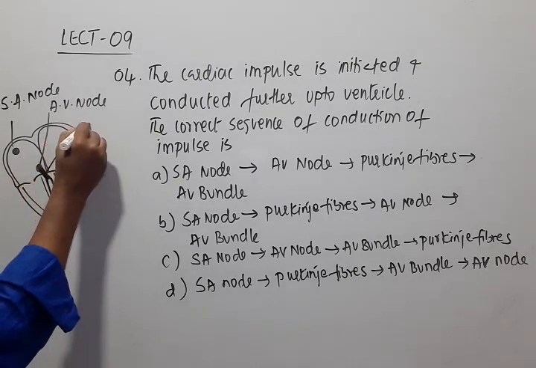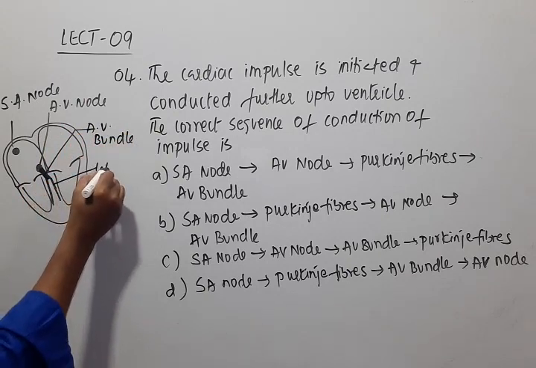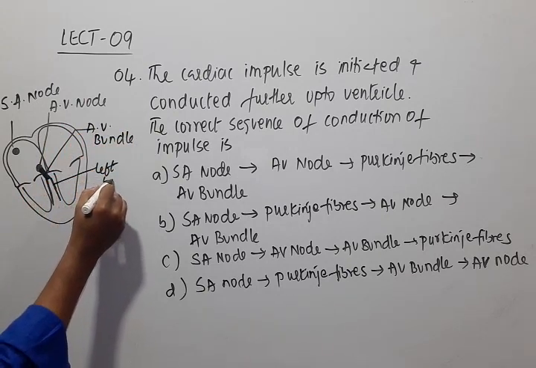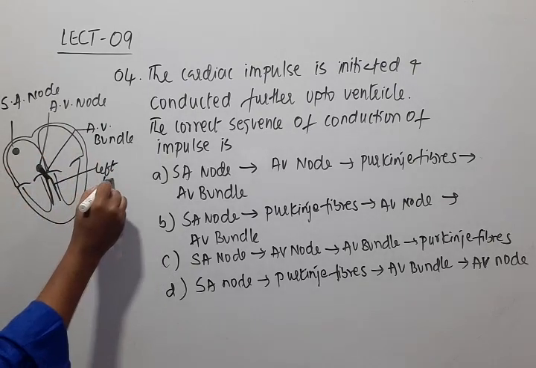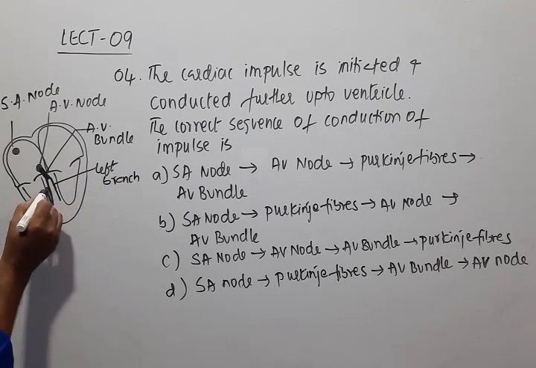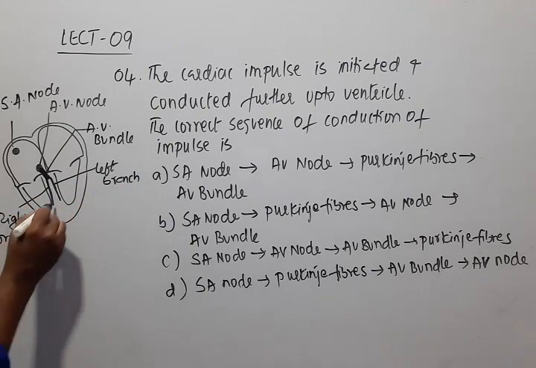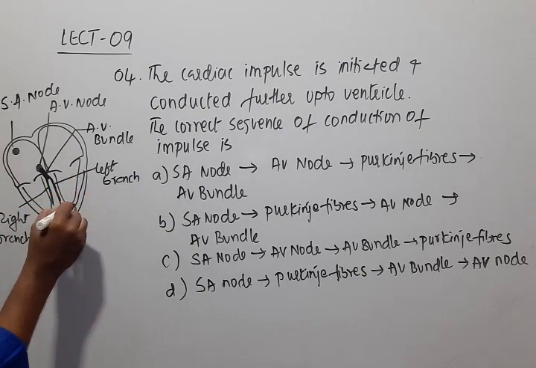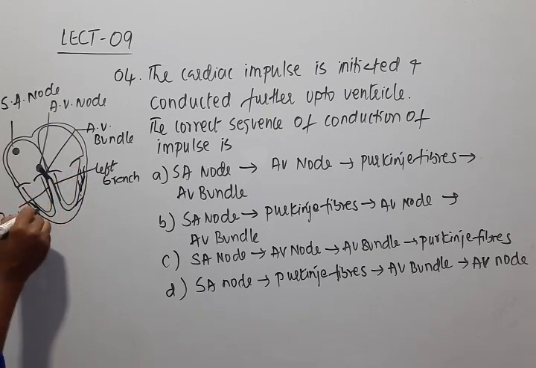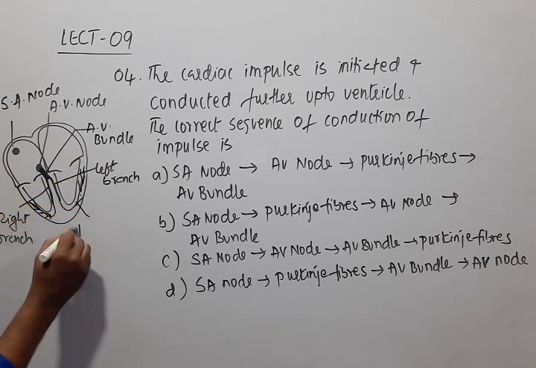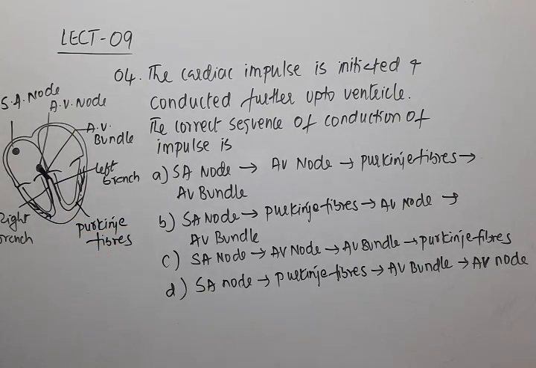This is the left branch and this is the right branch, and they enter into the wall of the ventricles, where they form a lot of branches called Purkinje fibers.